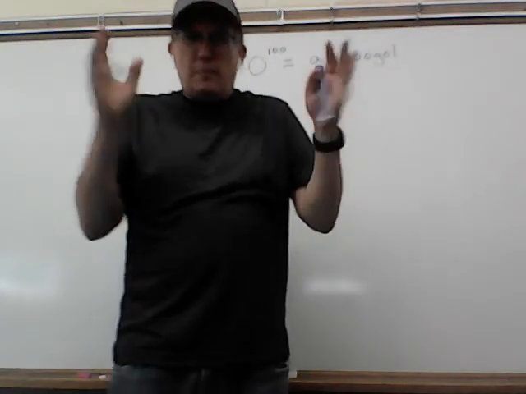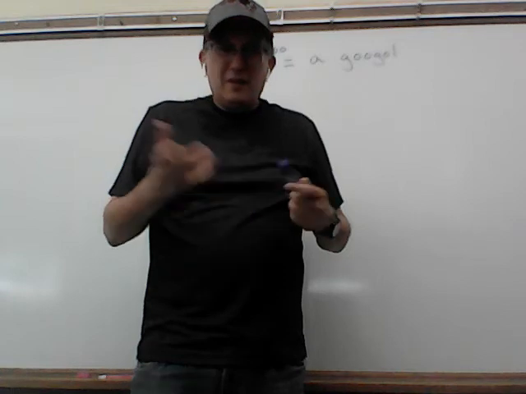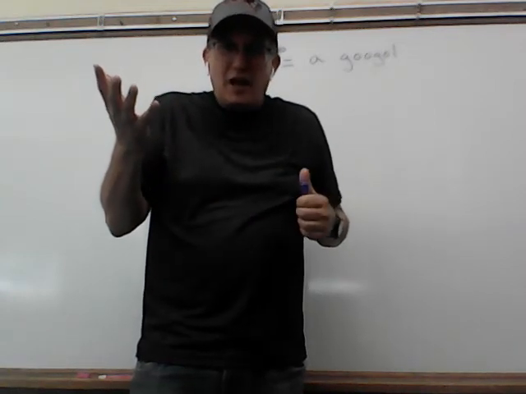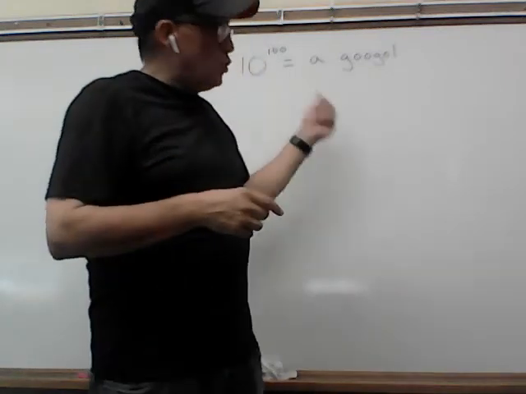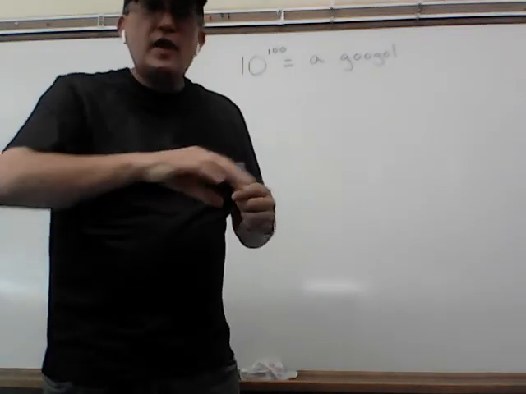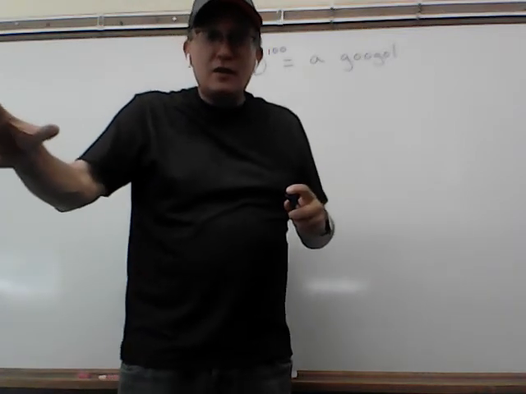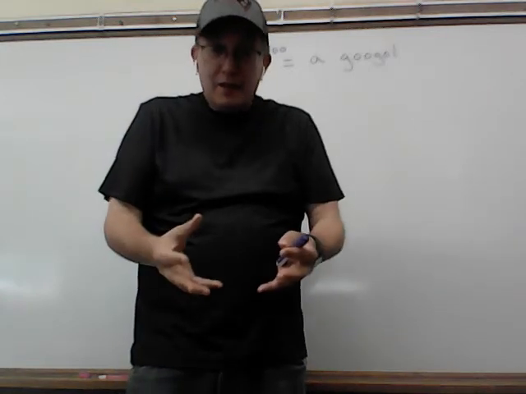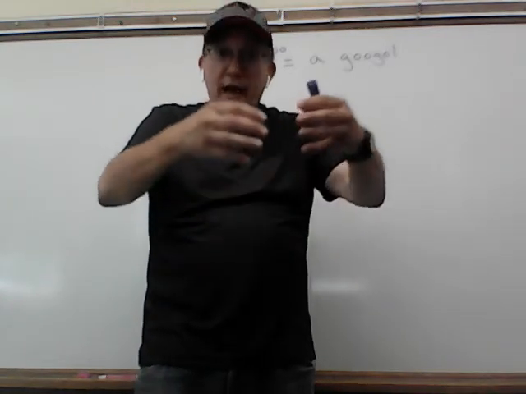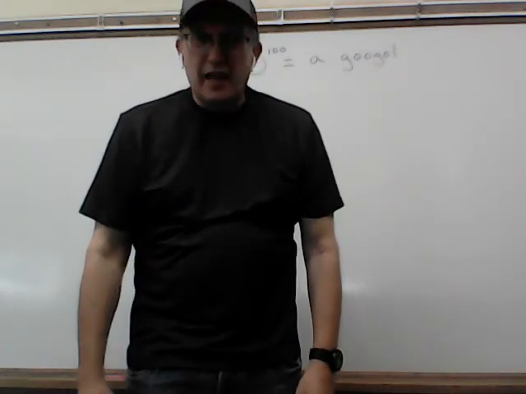And try to imagine, you have a concept right now of how small an atom is. How many atoms are in the sun? Big number. But this number, a Googol, is bigger than all of the atoms in our sun, all the atoms in our galaxy, and also all the atoms in the entire known universe, which is hundreds of billions of galaxies.